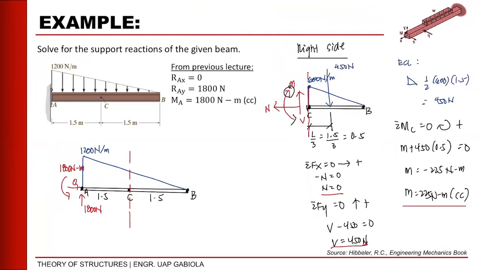So hindi mo na kailangan siyang ibalik kasi 'di ba kailangan opposite sila ng reaction. So kailangan para mag equal sila pag pinagdugtong na natin, kailangan magiging zero yung sum nila. Okay, right? So ayan. So yan yung sa example number 2 natin.